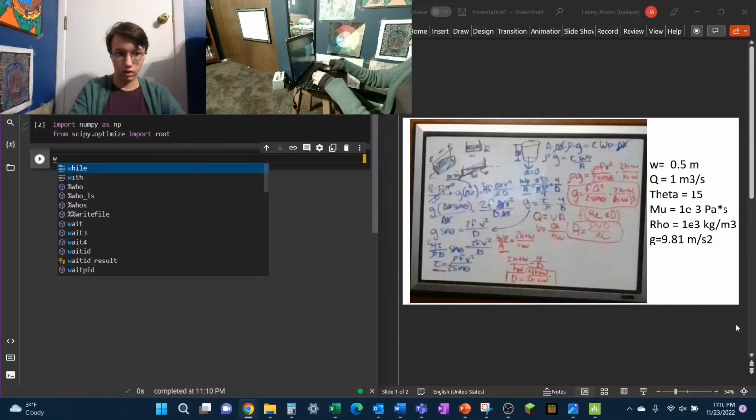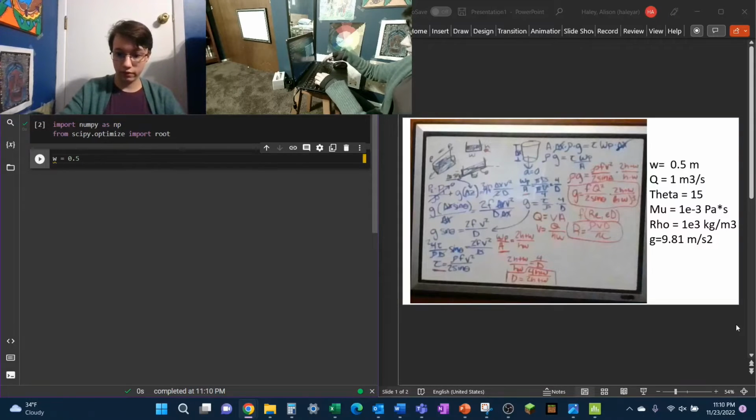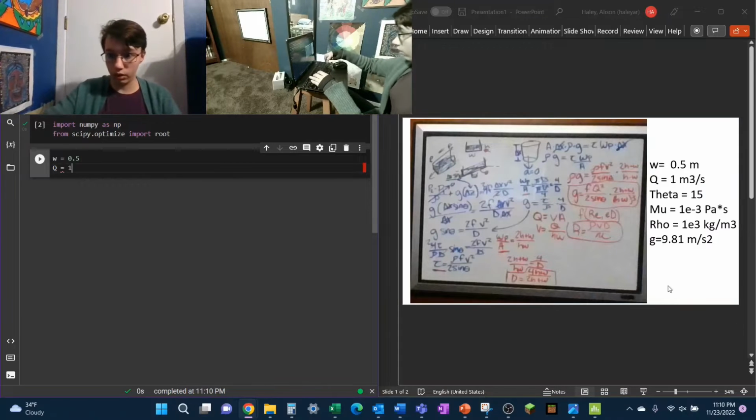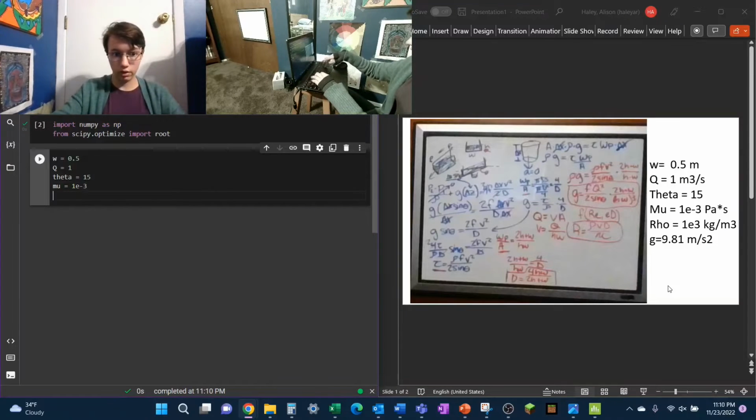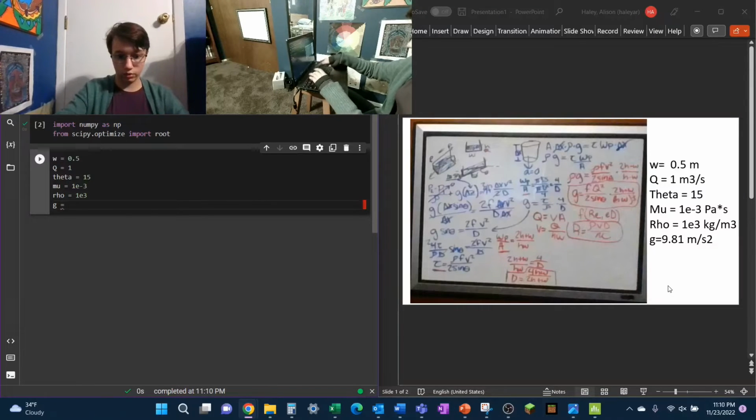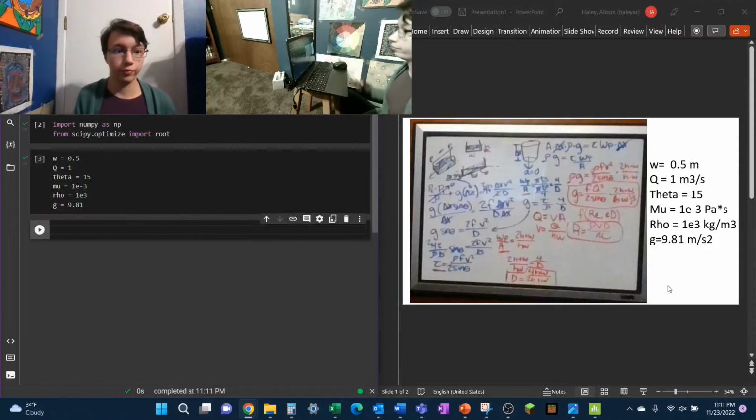So we have W is equal to 0.5. We have that Q is equal to 1. Theta is equal to 15. Mu is equal to 1e to the negative third. And rho is equal to 1e to the third. And g is equal to 9.81. Alright, so there are our constants.